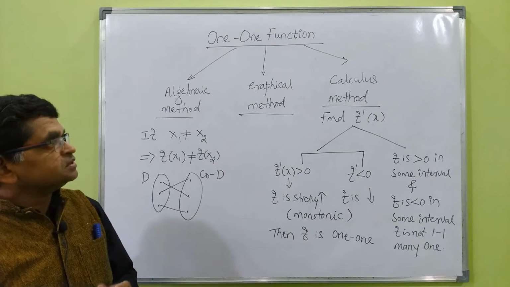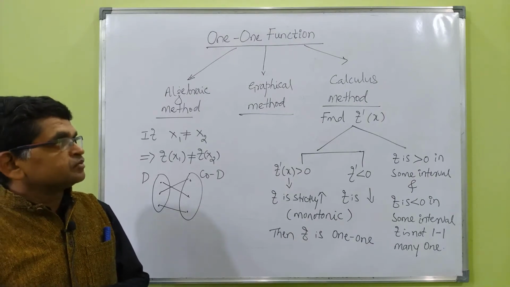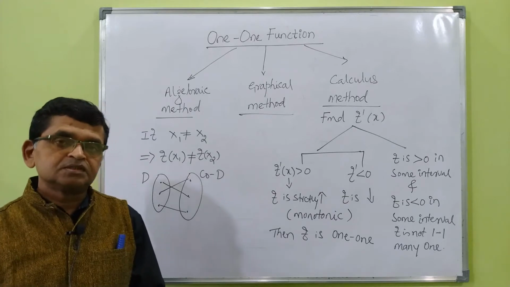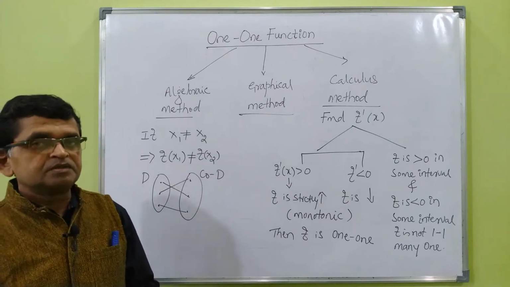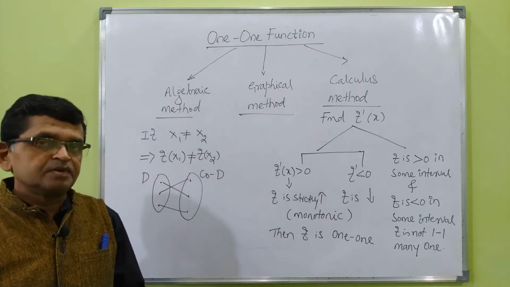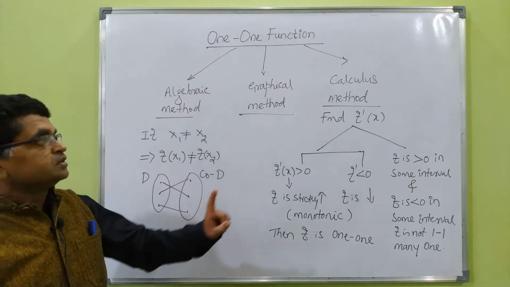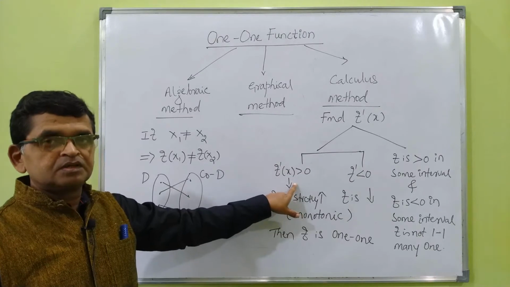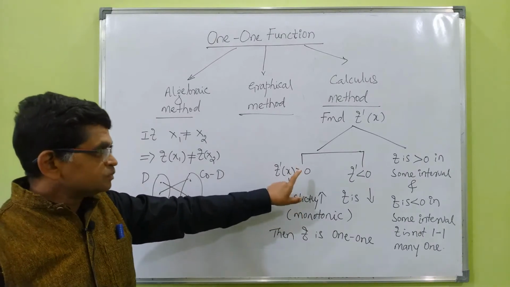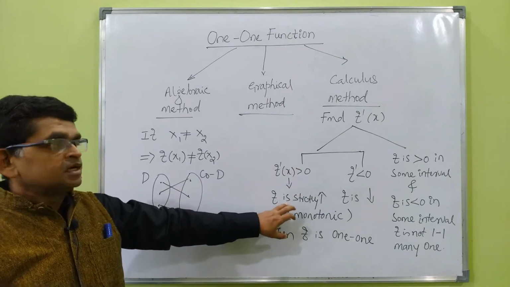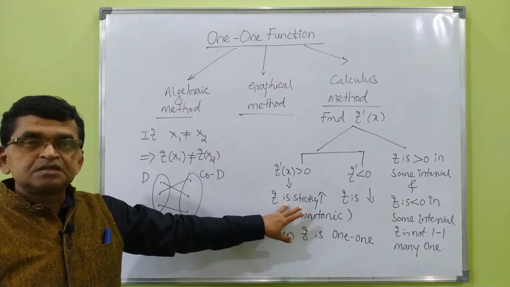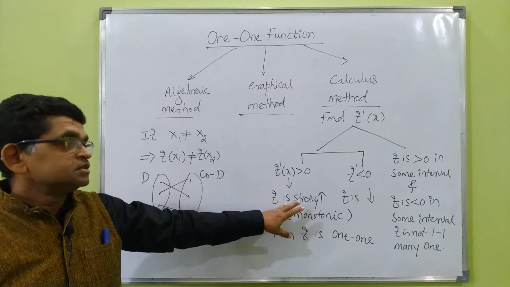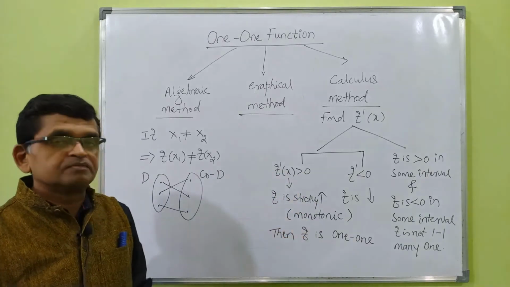So the method is, you have to find the first order derivative. That is, suppose y is equal to f(x), then you have to find f'(x), dy by dx. If dy by dx, that is f'(x), is positive, then f will be strictly increasing or monotonically increasing, then the function will be one-to-one.